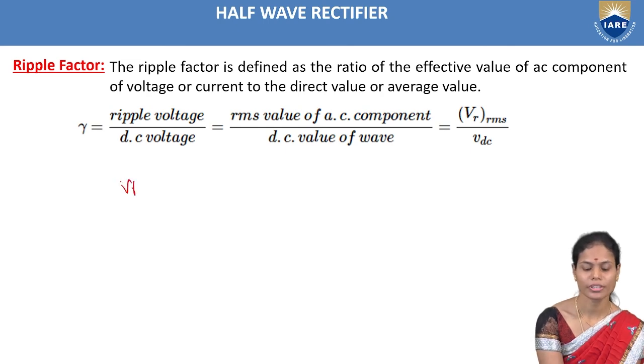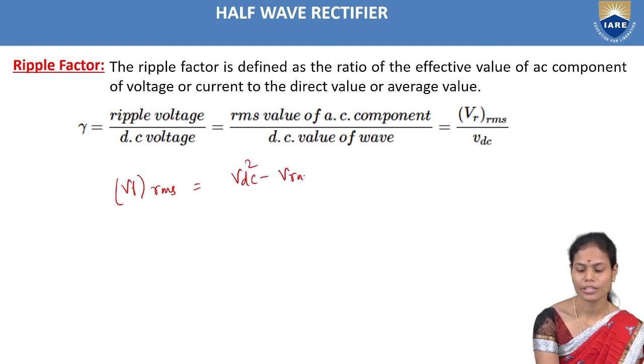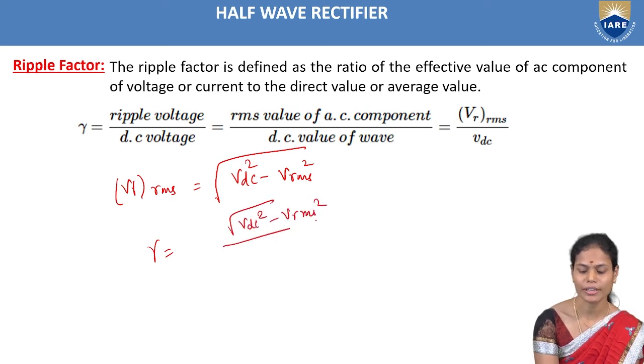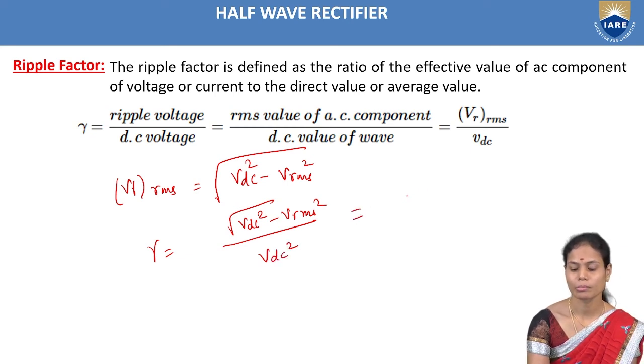To find the V gamma of RMS, we take the square root of VDC square minus VRMS square. So the ripple factor is the square root of VDC square minus VRMS square, divided by VDC. If we simplify this, we get the square root of 1 minus VRMS square.